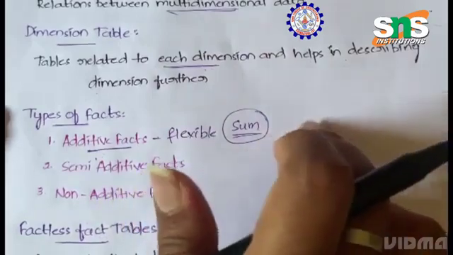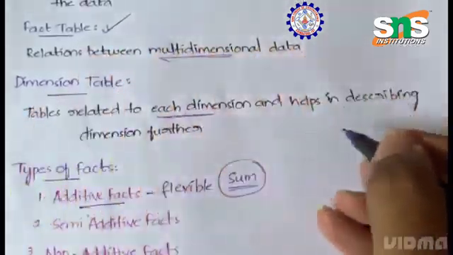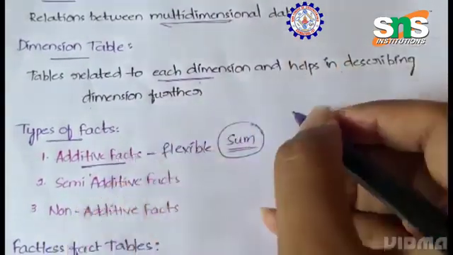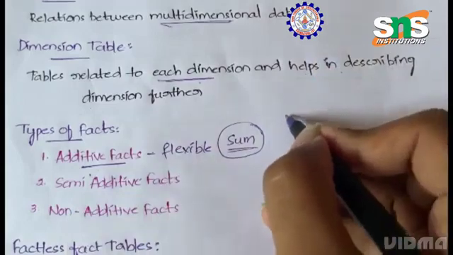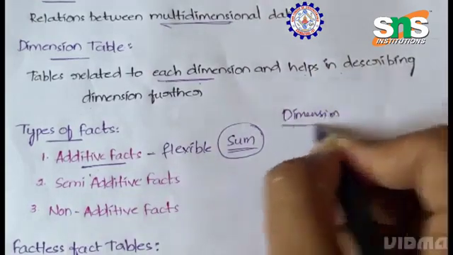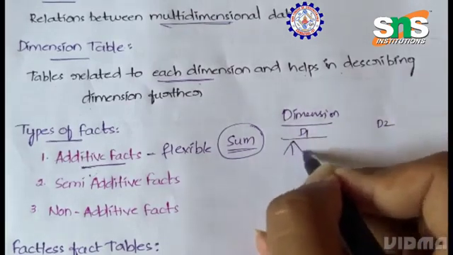What is the definition of fact table? Relationships between multi-dimensional data, right? So you'll have so many dimensions there. In additive facts, suppose this is dimension D1 and D2, let us take. Here you have some facts, F1, F2, F3 and so on.